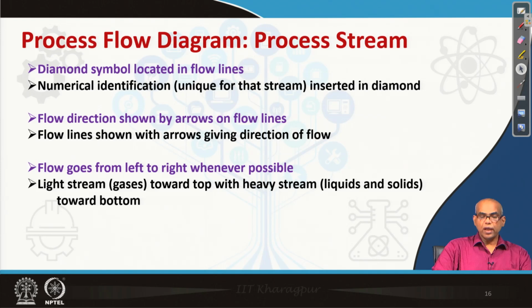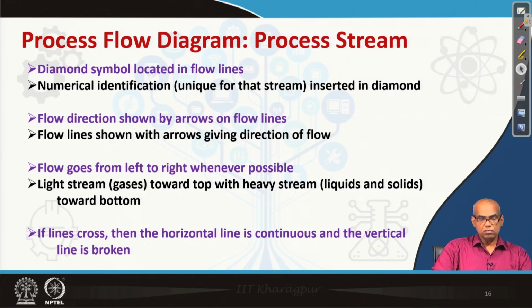Flow goes from left to right whenever possible. Light streams, gases, go toward the top, with heavy streams, liquids and solids, towards the bottom. This is the general convention: the process streams which are light will be placed towards the top, and the liquid and solid streams will be placed towards the bottom.